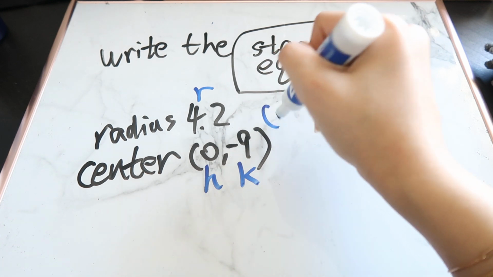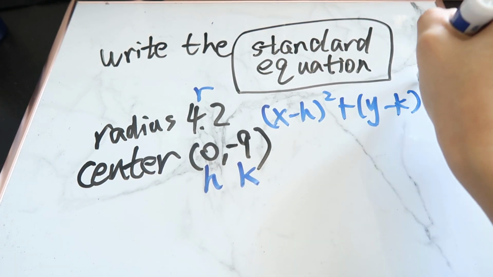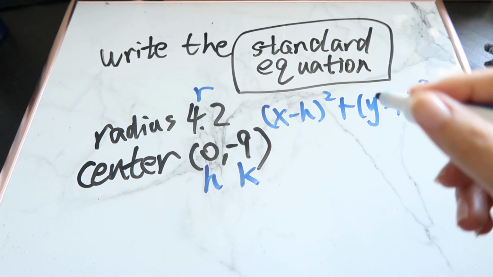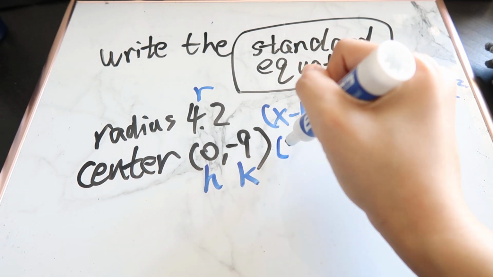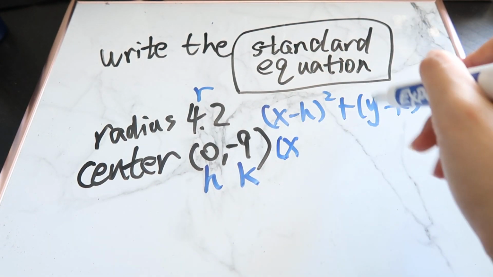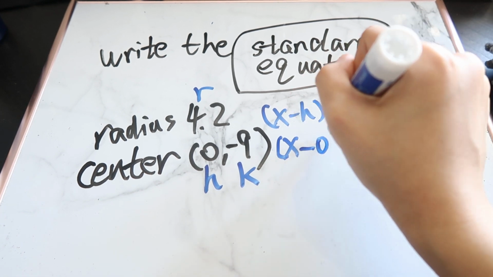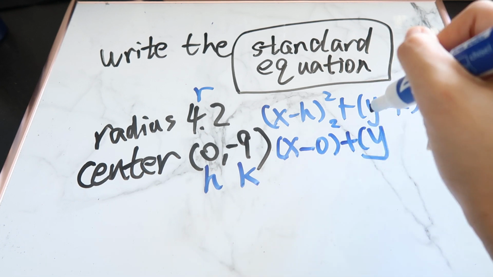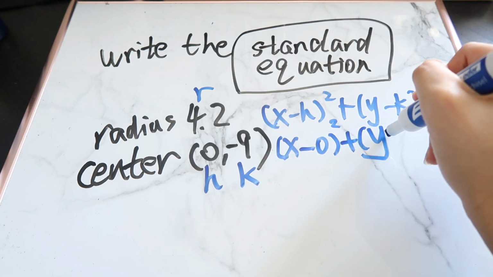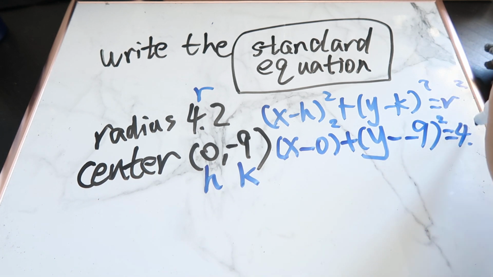So the formula is (x minus h) squared plus (y minus k) squared equals r squared. Now all you have to do is plug it in. So x and y remain the same here because we don't know anything about them. So it's (x minus 0) squared plus (y minus -9) squared equals 4.2 squared.